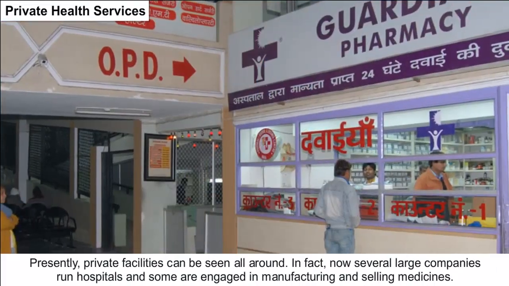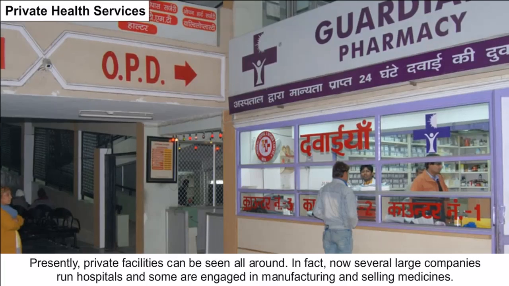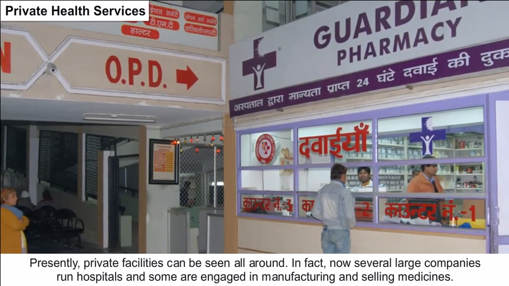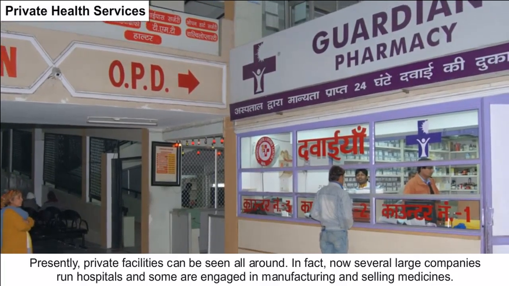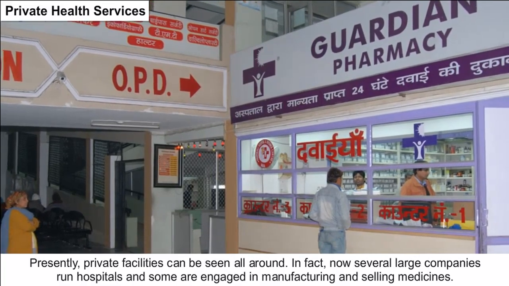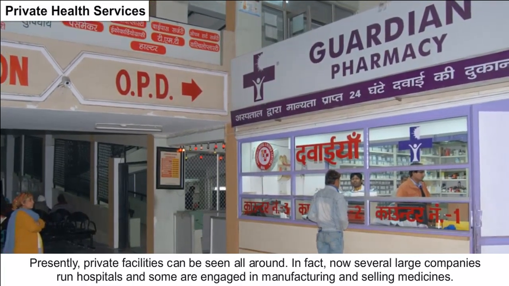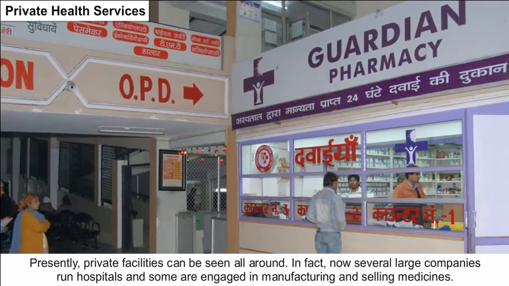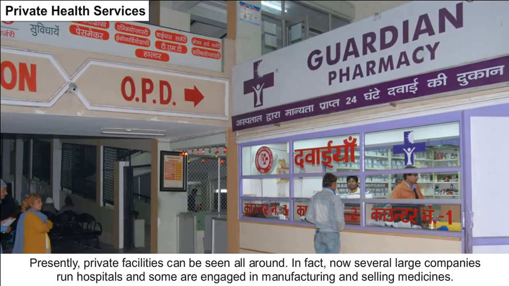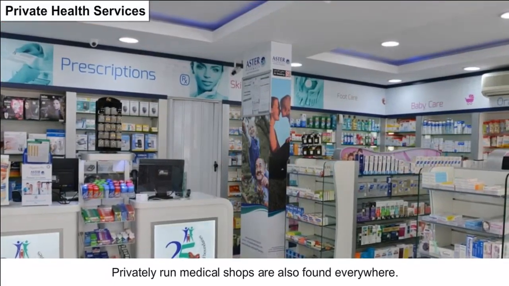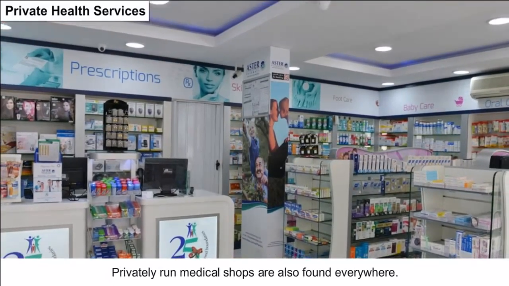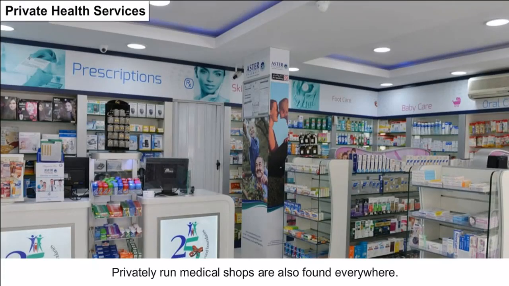Presently, private facilities can be seen all around. In fact, now several large companies run hospitals and some are engaged in manufacturing and selling medicines. Privately run medical shops are also found everywhere.